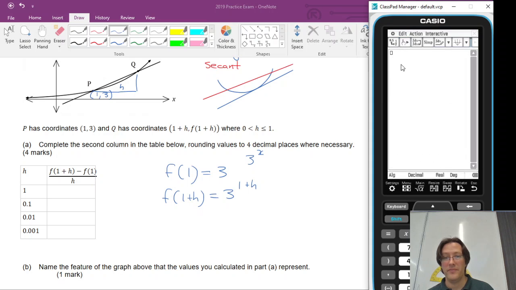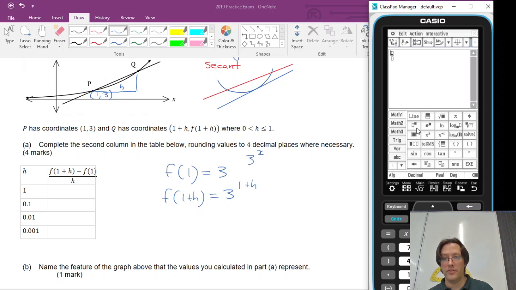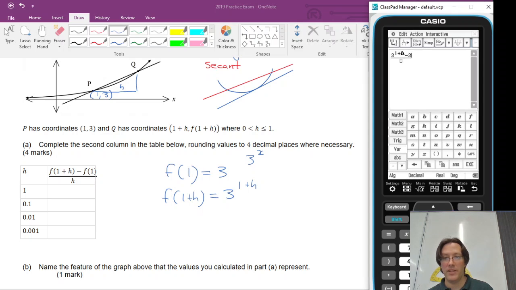I'm going to clear all. There we go. And I'm going to set it up as a fraction: 3 to the power of 1 plus h, take 3, divided by h.